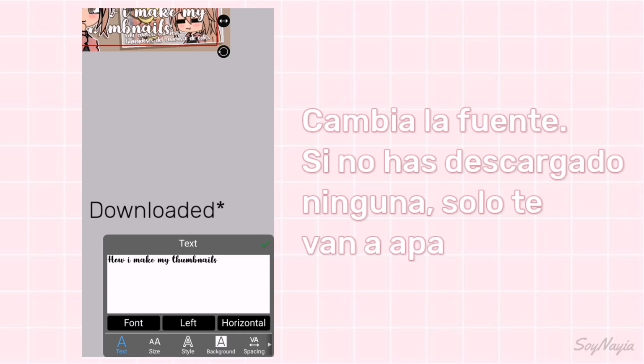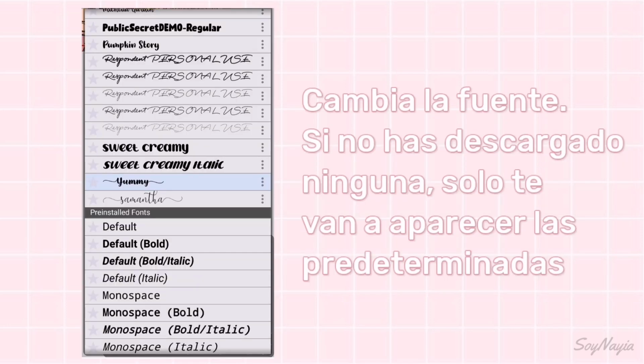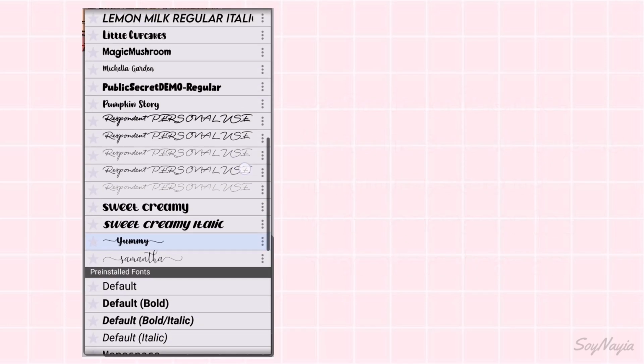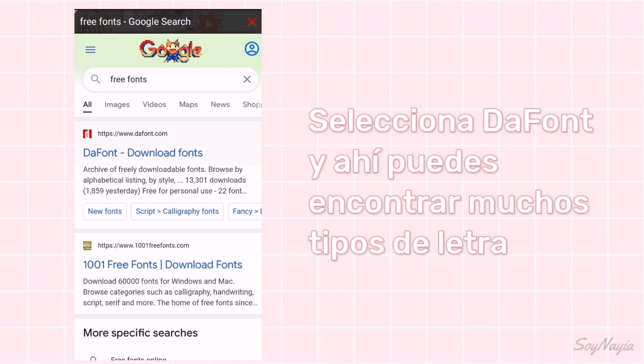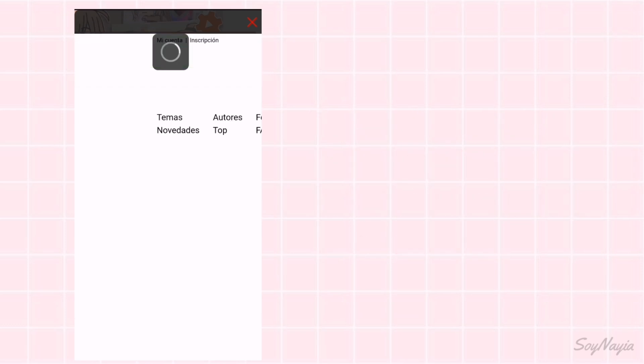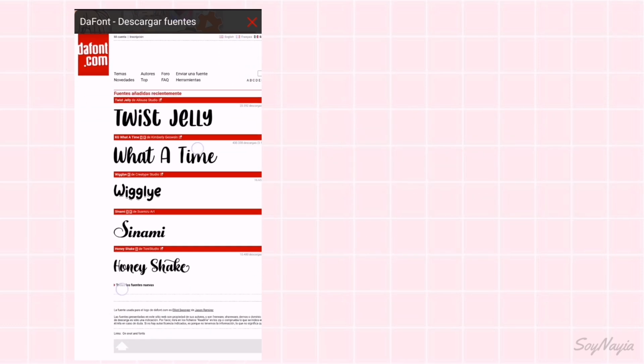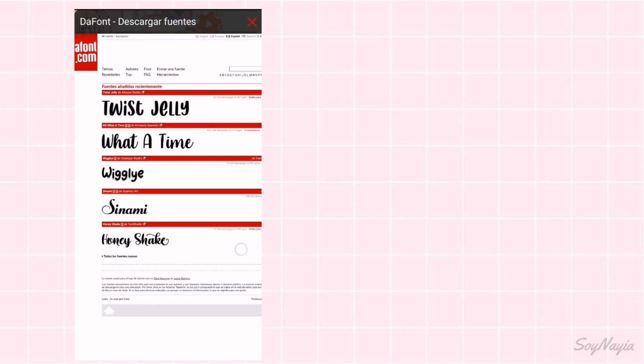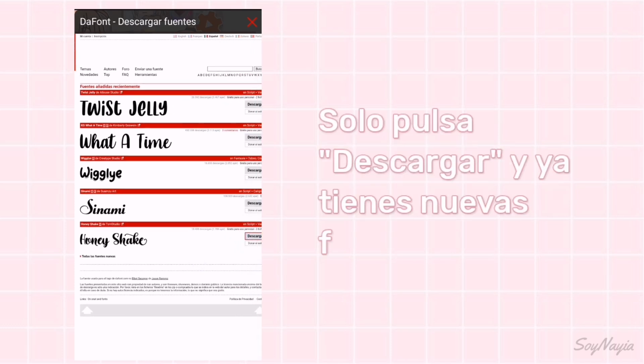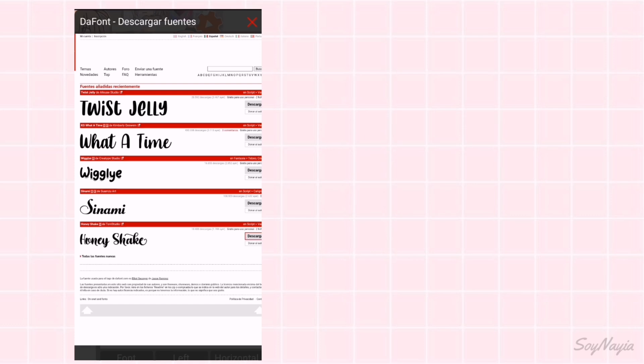If you haven't downloaded any font yet, you'll only be able to use the default ones. If you want to download fonts, click on the plus sign, select our font, and there you can find lots. Just select download and that's all.